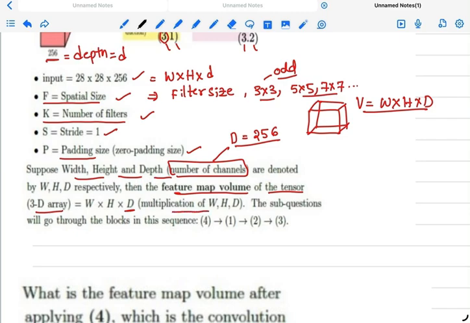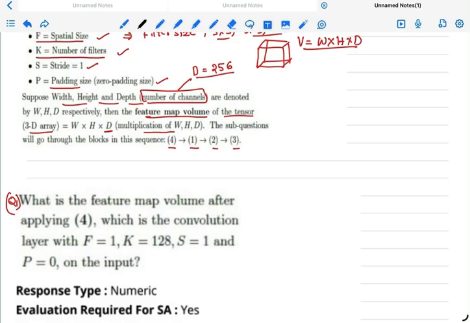The sub-questions will go through the blocks in the sequence: block 4, 1, 2 and 3. In question 1, what is the feature map volume after applying block 4? This block 4 is a convolution layer.